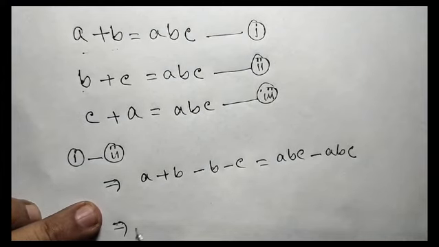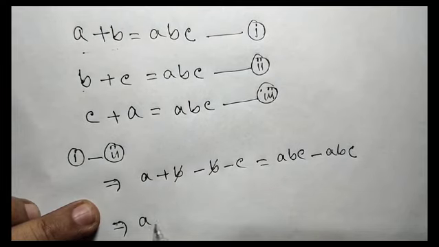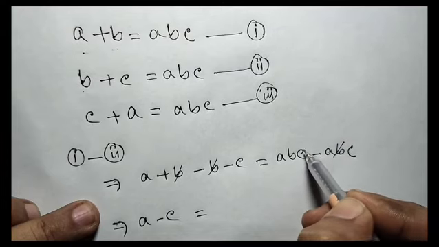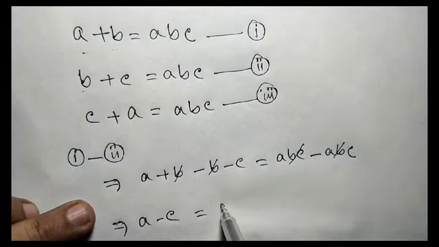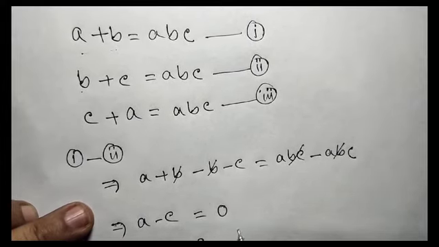Then we can omit the b and b. So a minus c equals 0, so we can write a equals c.